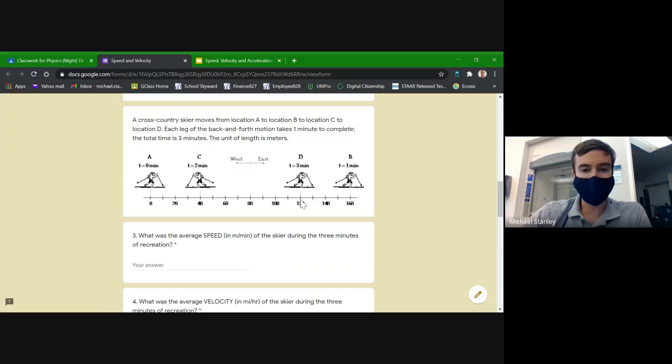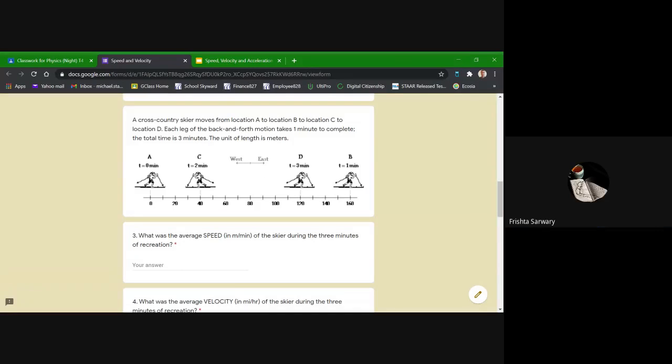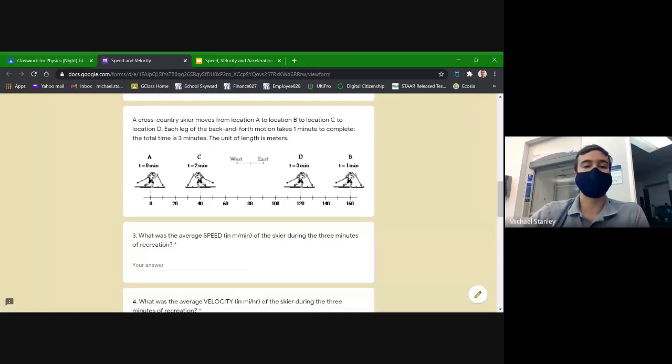Close, but not quite. 40 to 140 would be 100, but what's 40 to 120? 80. 80, precisely. So we've got 160 plus 120 plus 80. And that gives us our total distance.